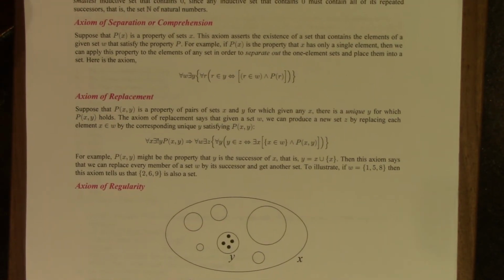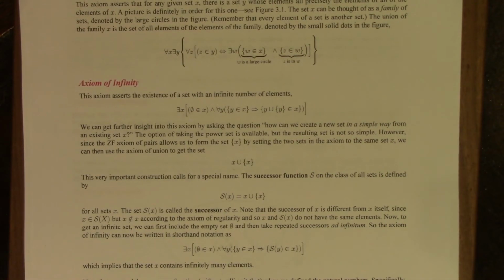The set of natural numbers, 0, 1, 2, 3, 4 and so on, certainly contains 0 and is inductive, and it's the smallest inductive set that contains 0. Once you contain 0, you have to contain 1, and therefore 2, and therefore 3, and so on. The axiom of infinity is not saying that the natural numbers exist.